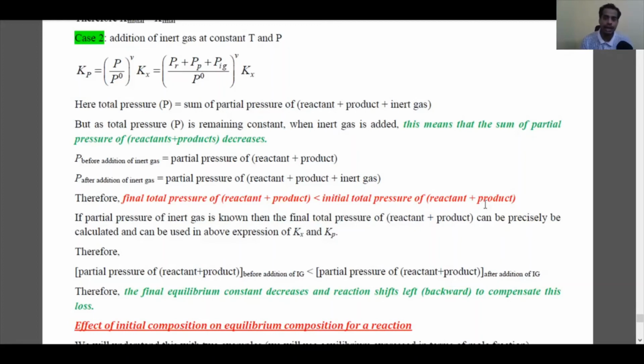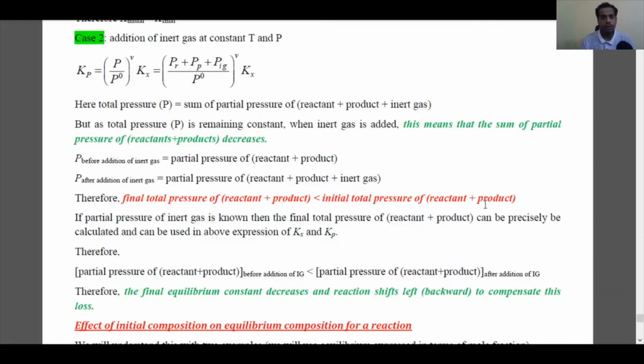And as I just mentioned, during calculation of the equilibrium constant, we are least bothered about the pressure of the inert gas. That does not contribute to the equilibrium constant. Only two things contribute: the partial pressure of reactants and the partial pressure of products. The partial pressure of inert gas will not contribute to the equilibrium constant.